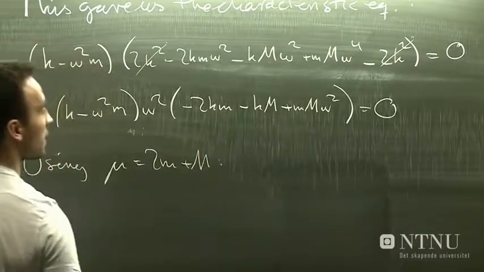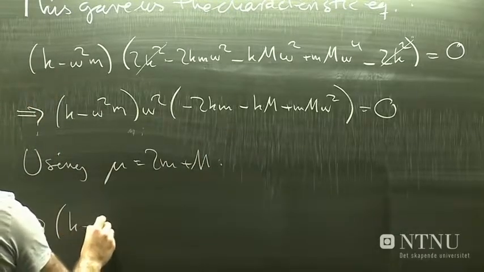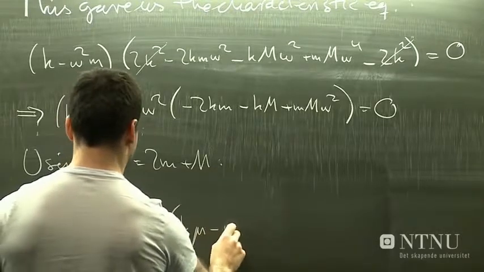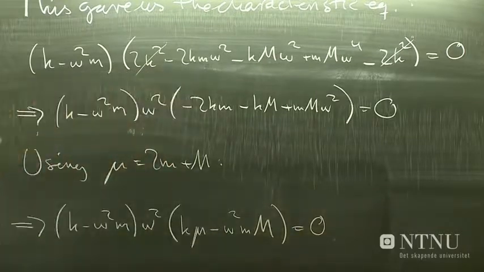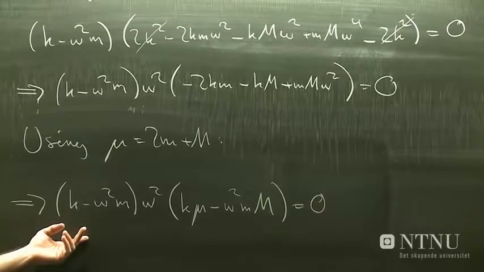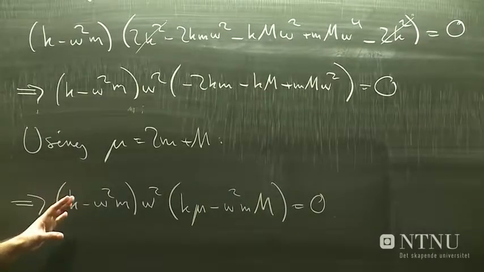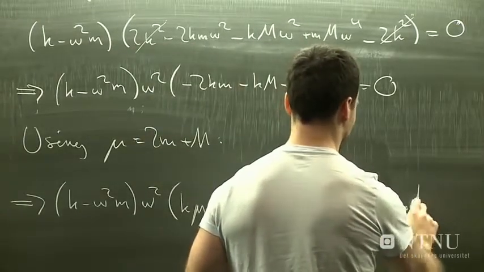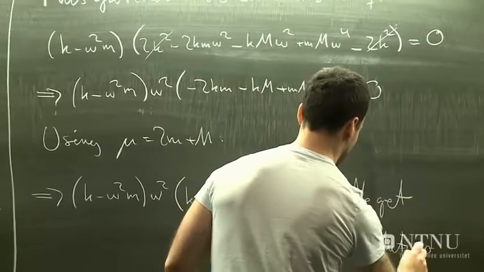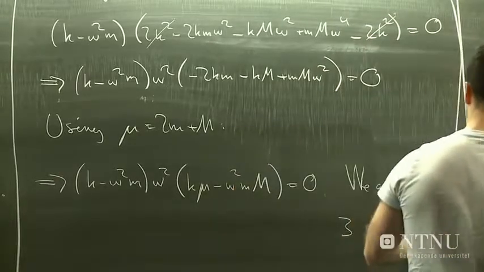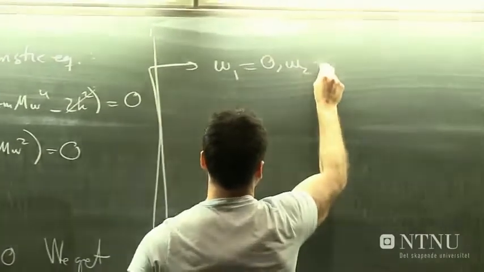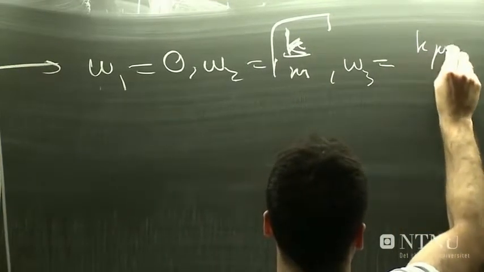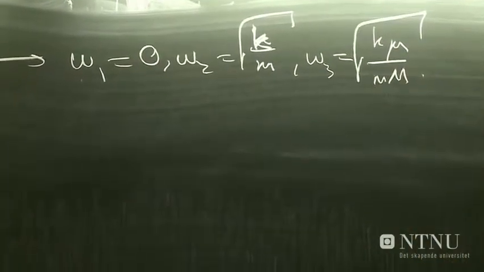So that we can rewrite this term, and in its present form, we can read out the solutions for omega from this characteristic equation rather easily. So we get 3 solutions.